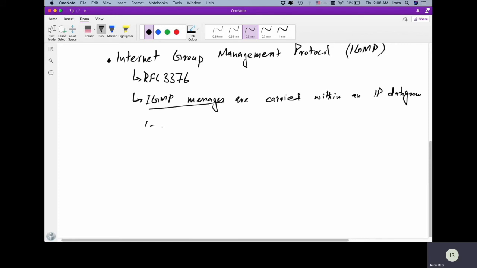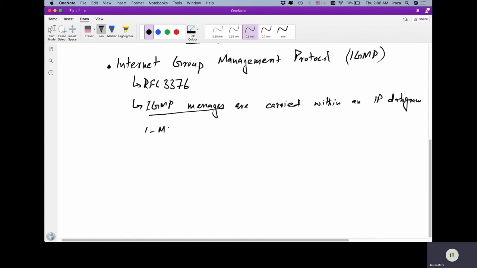we have the membership query message. The membership query message is sent by a router to all the hosts on an attached interface to determine the set of multicast groups that have been joined by the hosts on that interface.